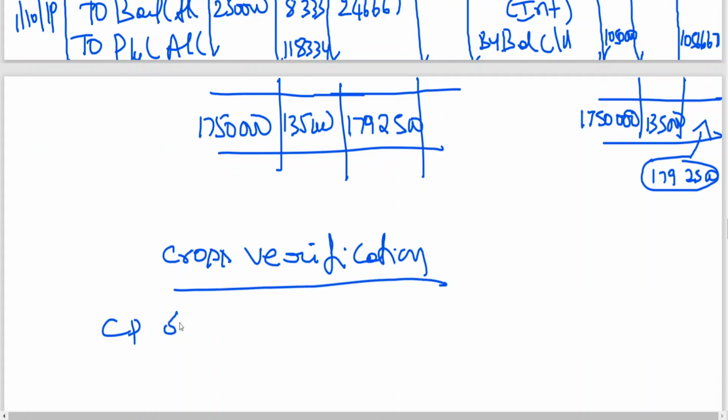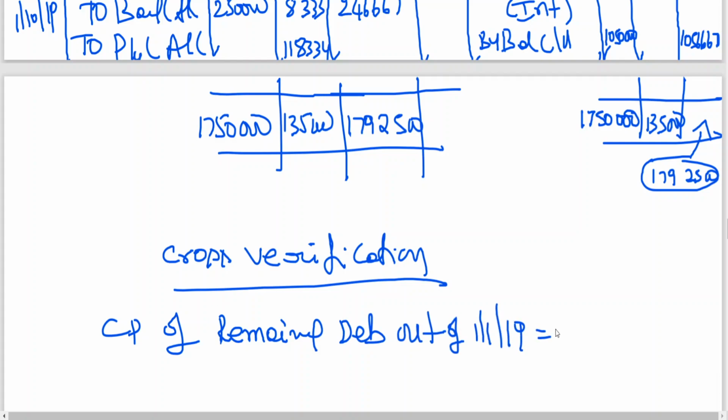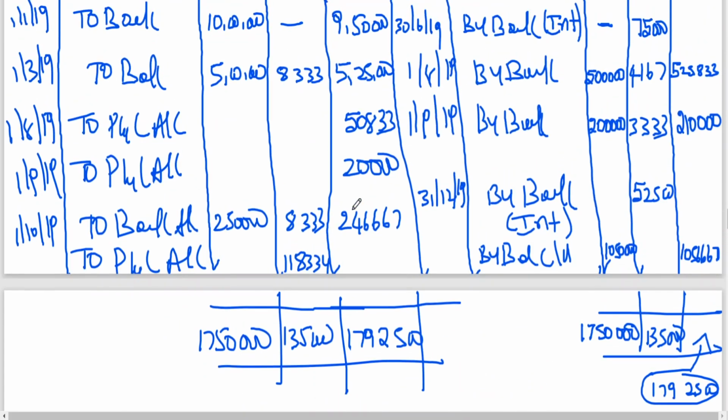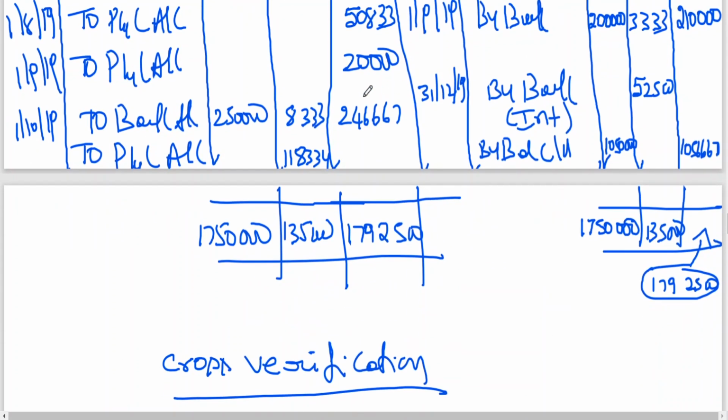Cost price of remaining debentures out of 1st January 19. See, it is 9,50,000 by 10,000 into 2,500. No, because you have sold 2 times.